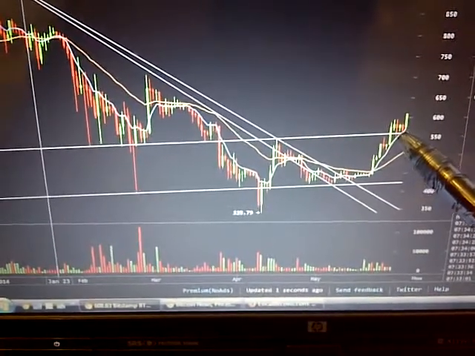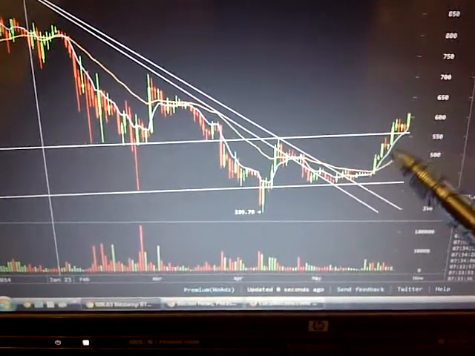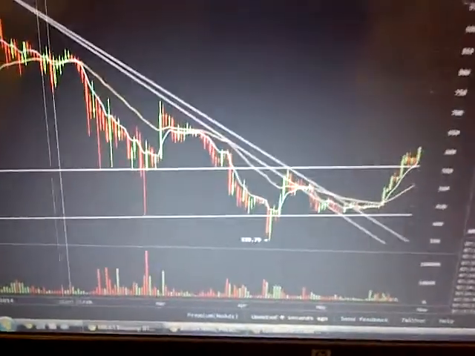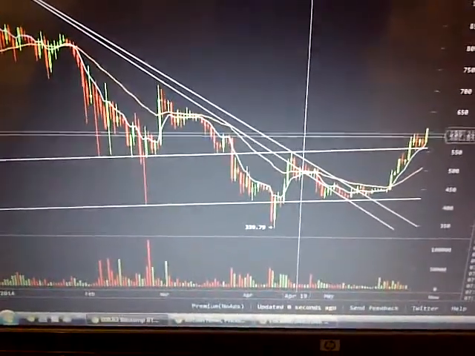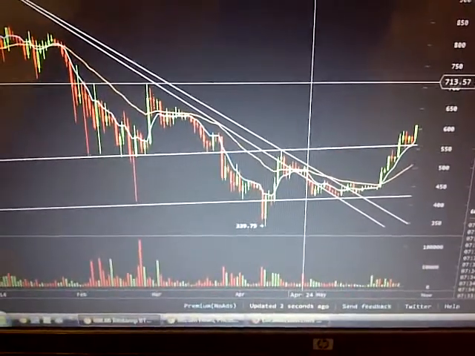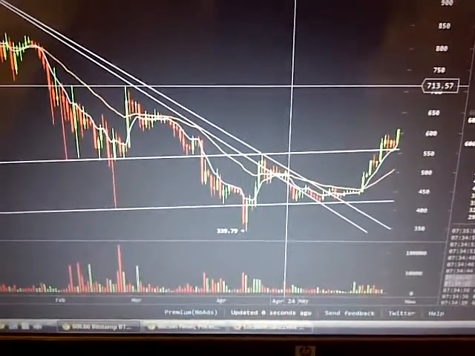It's turning a little bit sideways, but as this jump happens, you'll see the average move up again. A lot of interesting things are happening here, and if you look at the price, it won't surprise me if it goes around 713 on Bitstamp.